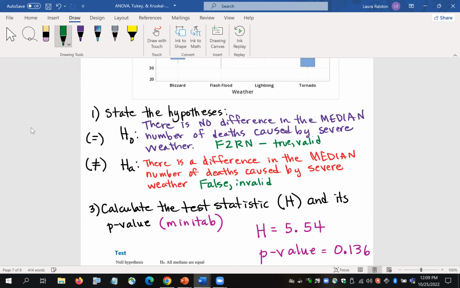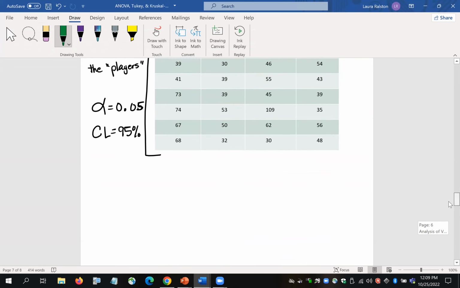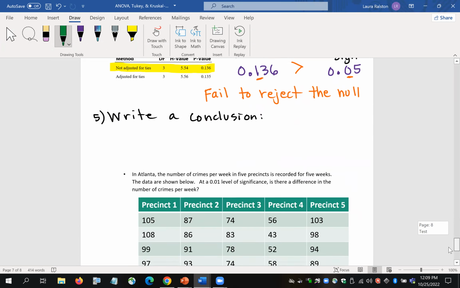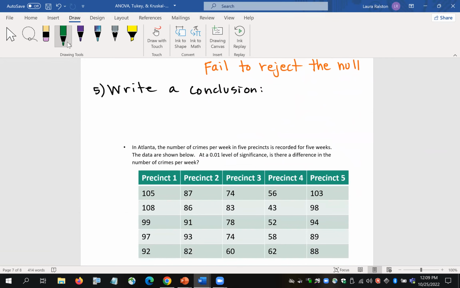So based on the evidence we have, there is no difference in the median number of deaths caused by severe weather or the different weather conditions.